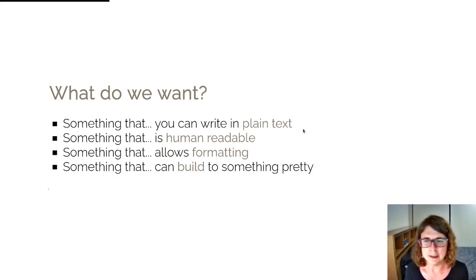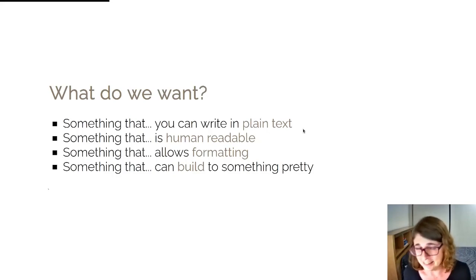That plain text should be human readable, so you should be able to look at the raw file and work out what it says without pain. But it should also allow a bit of structure. It should allow you to format things. You should have some convention that allows you to tell what a heading is, or what is bold, or what is underlined, or what counts as a list.